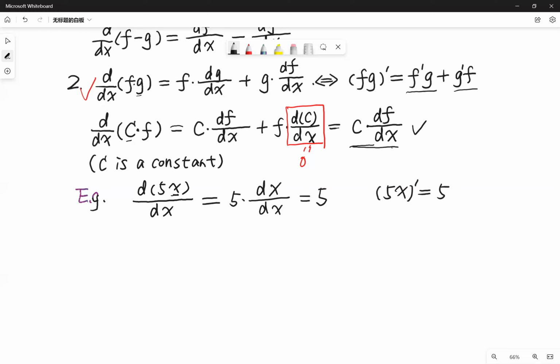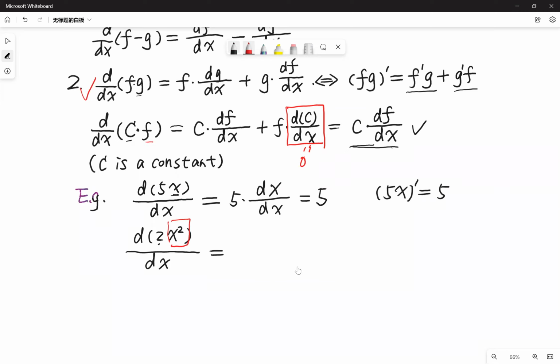Okay, here is the differential of 2x squared by dx. This one is c, and this one is f.